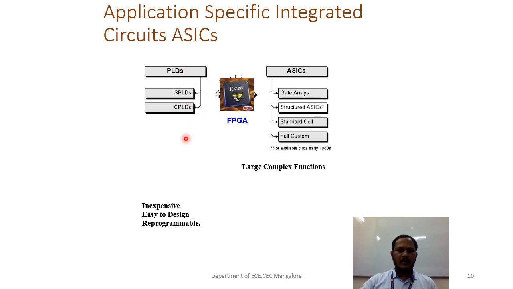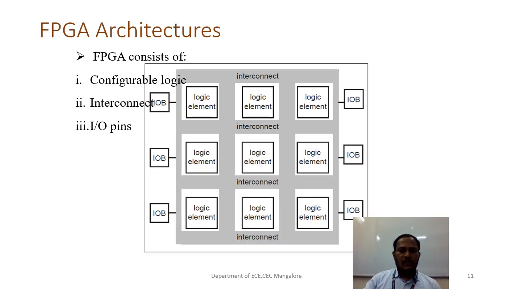You can also optimize power and speed with respect to the functionality you are getting. In ASIC, the complexity and functions are very high. Next is the structure of FPGA architecture.